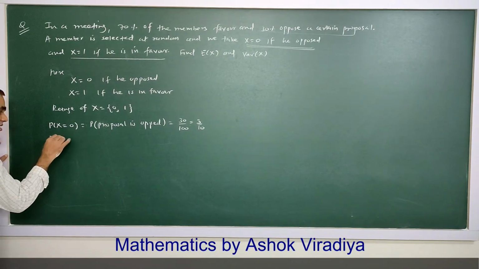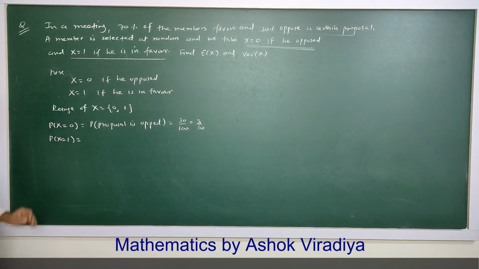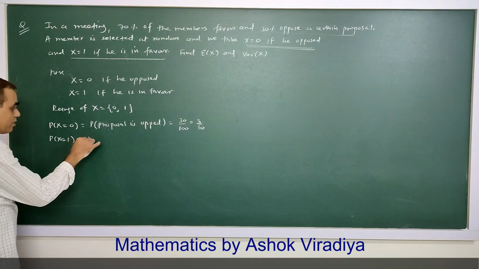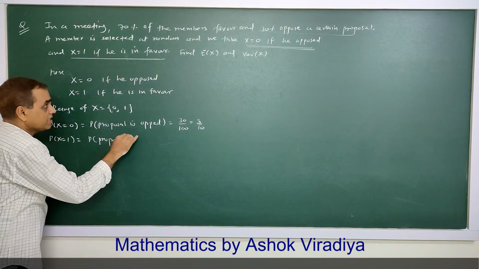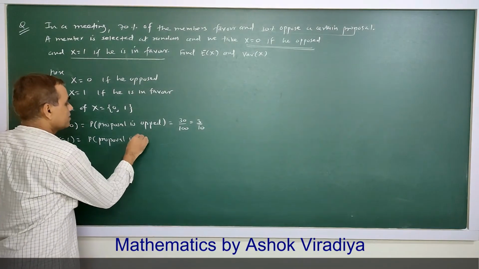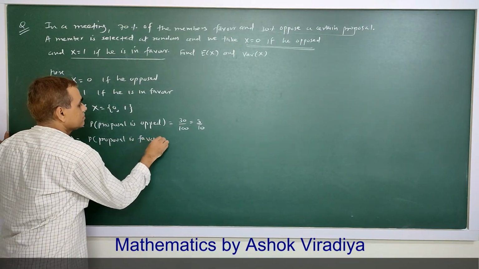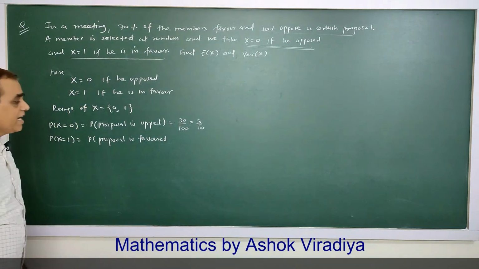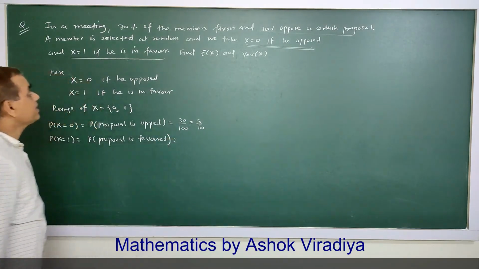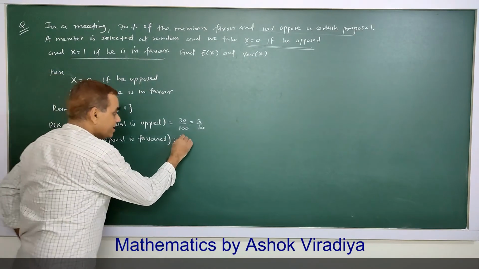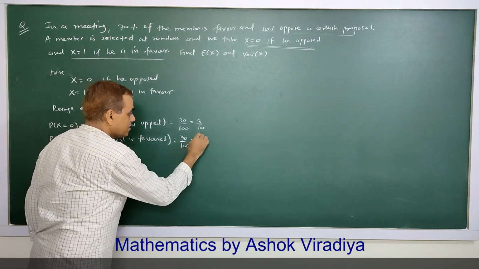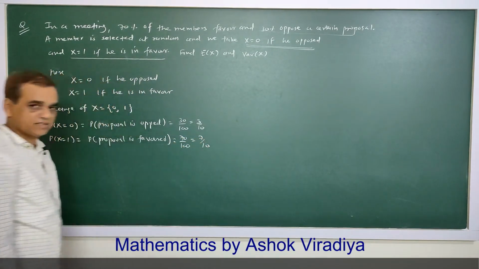The probability that x takes value 1 means the probability that the proposal is favored, and its probability is 70% people are in favor. So 70 by 100, that is 7 by 10.